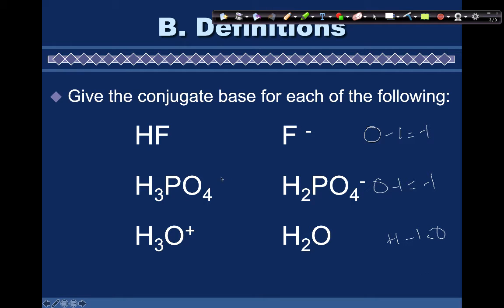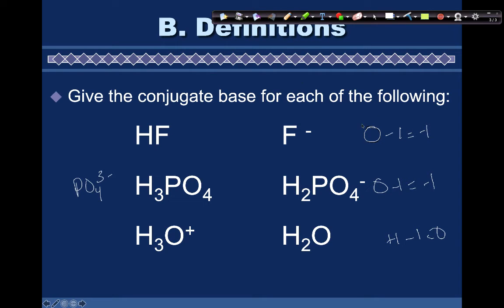Okay, so just a note here, if you have these acid-base pairs, they can only be different by one H plus. So if I had H3PO4 and then PO4 with a minus 3 charge, these are not conjugate acid-base pairs because they are different by more than one H plus.